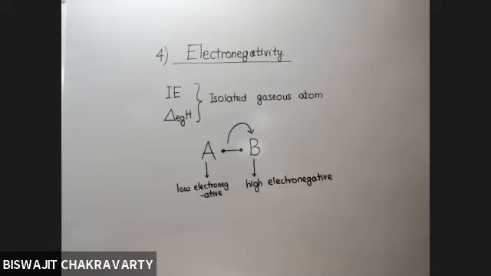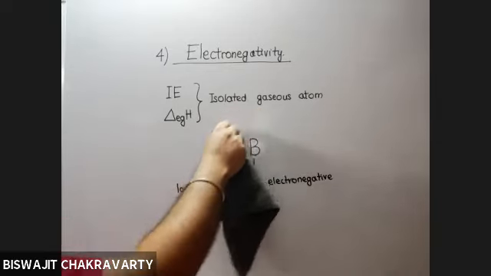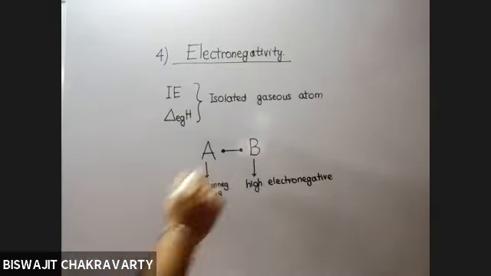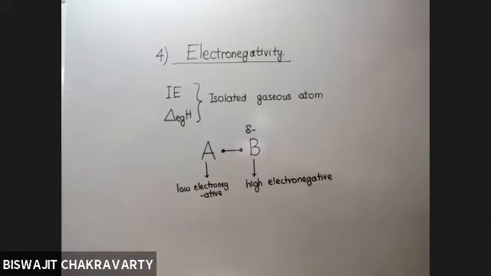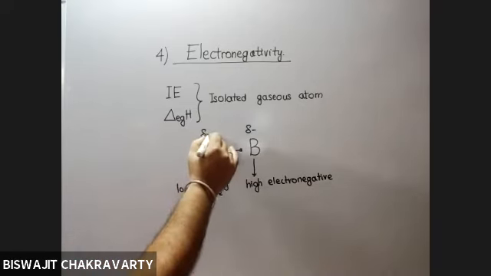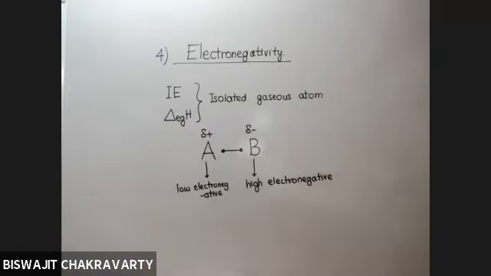And the electron cloud, which was supposed to be present exactly in between the two atoms, is shifted slightly towards more electronegative atom. And this displacement of electron cloud towards the more electronegative atom will ultimately result in the development of a partial negative charge on the more electronegative atom and partial positive charge on the less electronegative atom.